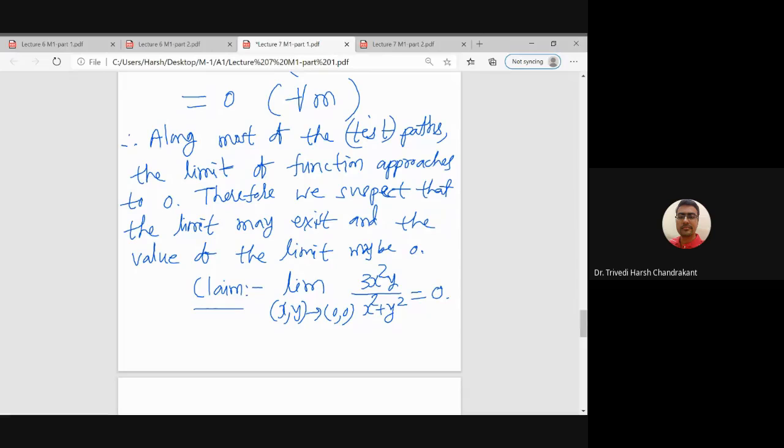And as we know, whenever we want to show a limit exists in one variable, here also the method is that we need to show it using the epsilon delta definition, right?